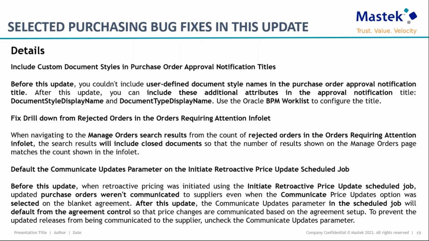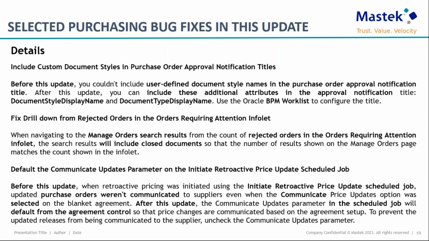Next is default the communication update parameter onto the initiate retroactive price update scheduled job. Before this update, if we were using the initiate retroactive price update scheduled job to update the purchase order and had communication turned on, the communication was not happening to the supplier.